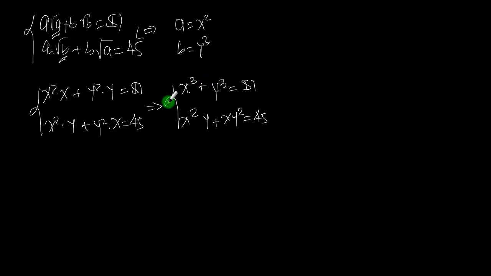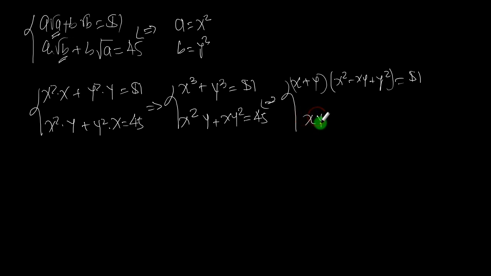So guys, this first one, we can write as x plus y, which multiplies x squared minus xy plus y squared, and this is 81. And this one, factorizing, we will get xy times x plus y, and this is going to be 45.